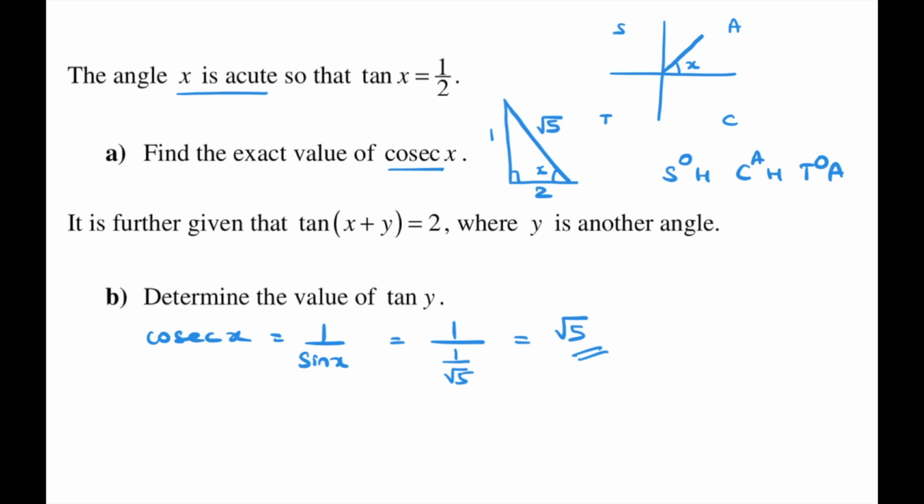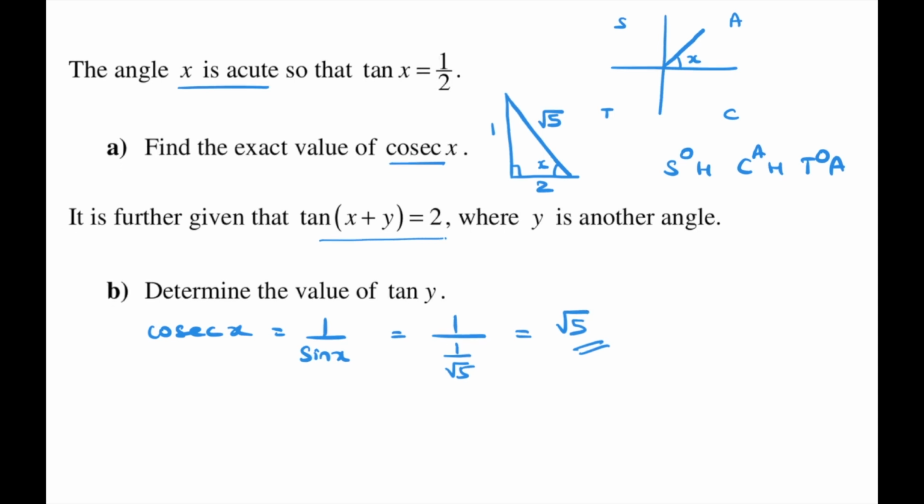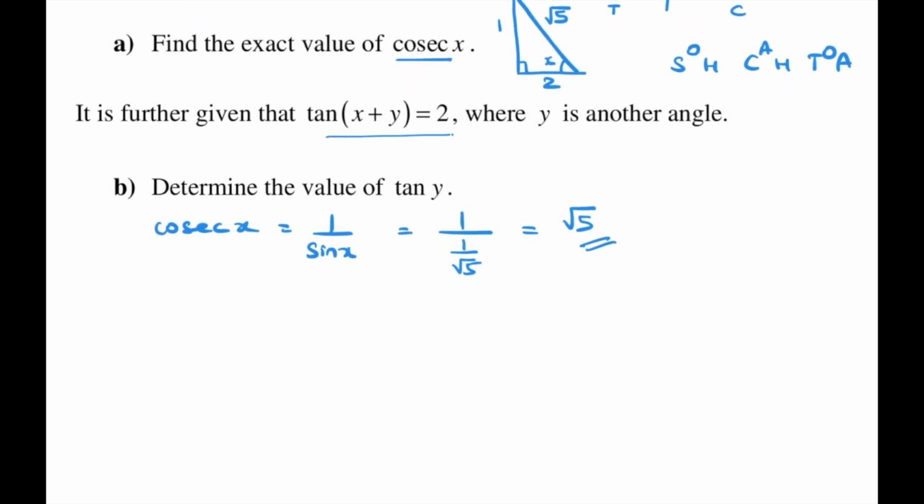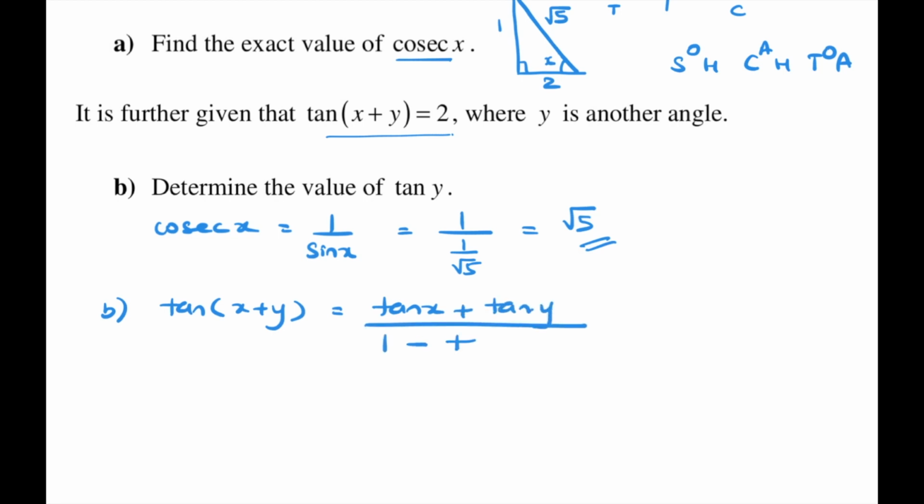Now for the next part, we are further given that tan of (x plus y) equals 2, where y is another angle. So for this part, we just have to use our addition formulae. Tan of (x plus y) equals tan x plus tan y over 1 minus tan x tan y.